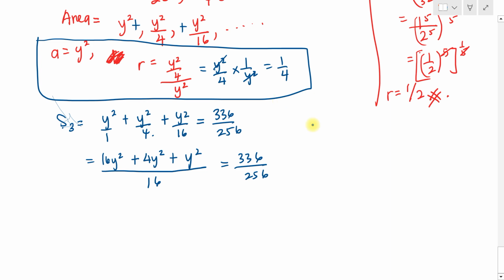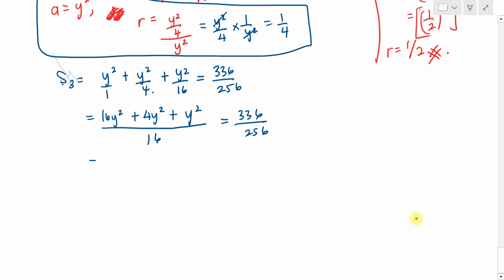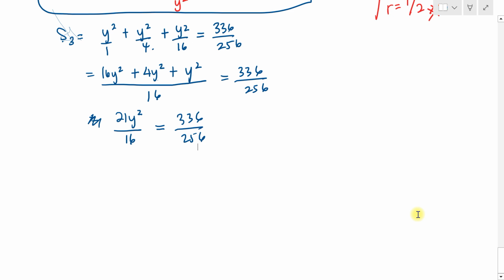I make it a single fraction now. So we get 16, 4 and 1 is 21y square over 16, which equals 336 over 256.